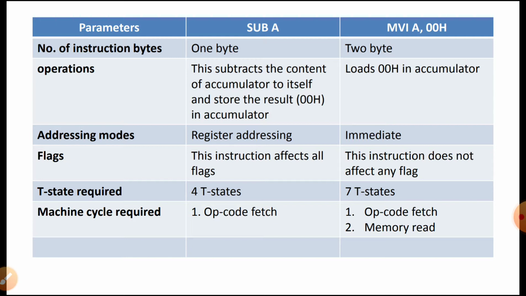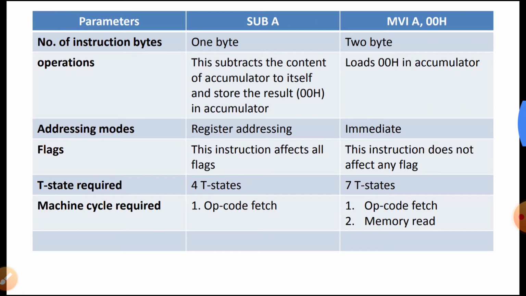Now, we know that flag status changes whenever we do any kind of arithmetic or logic operation. Since SUB A belongs to arithmetic operation, it is going to affect the flags. But MVI A,00 comes under the category of data transfer instructions, so it is not going to affect any flag.